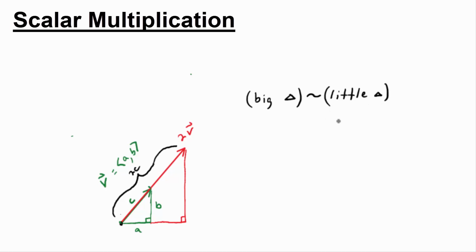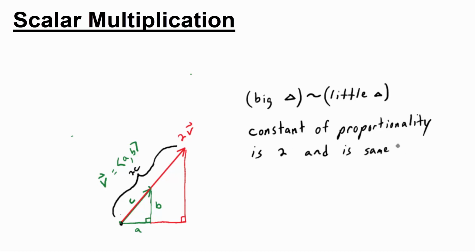There is a constant of proportionality, which has to be 2. Once you find it for one side, it stays the same for all the sides. That's what it means to be a similar triangle, right?